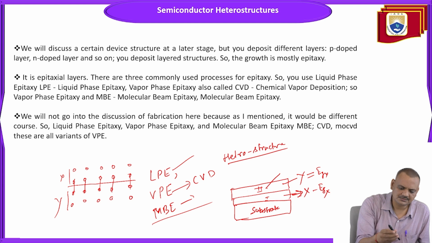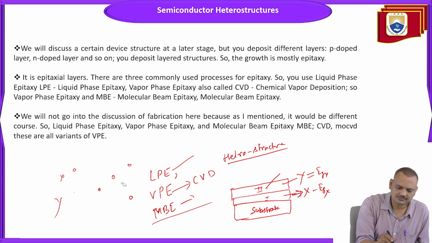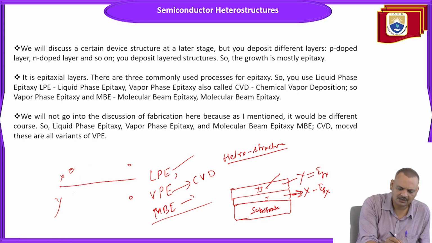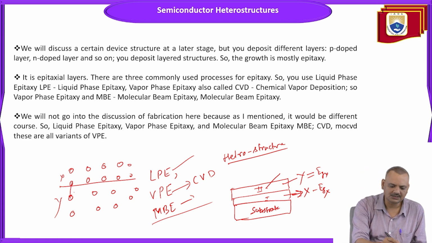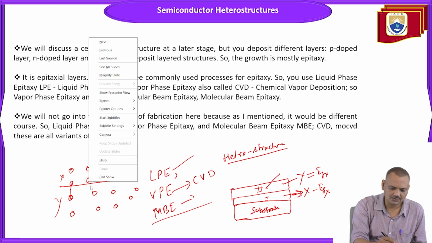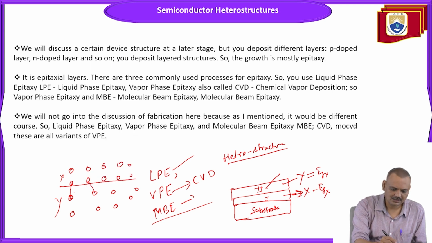And let's suppose this is X, this is Y. Now Y and Y is like that. So one atom forms a bond with this atom, and this atom will try to make a bond like that. This atom will also get confused.